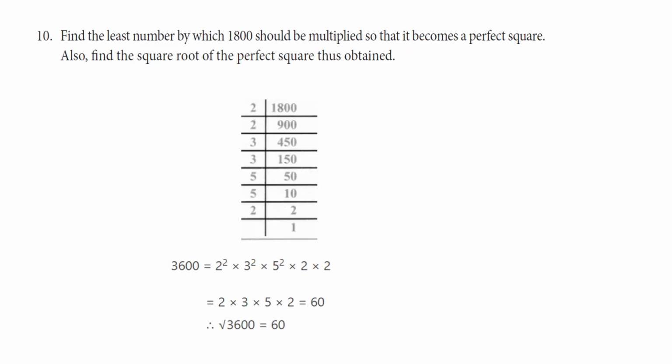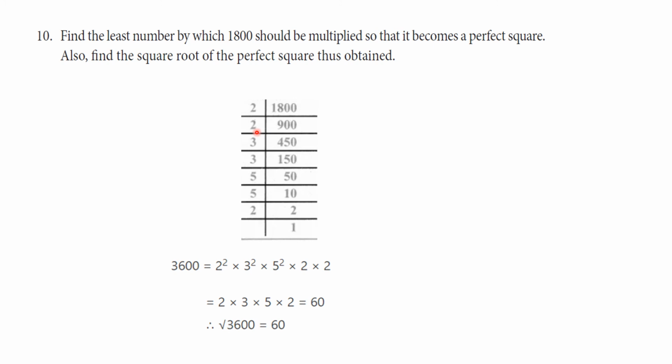Next, find the least number by which 1800 should be multiplied. If you multiply this 1800 by it, you get a perfect square. That is the question. We have to find that multiplying number. Also find the square root of the perfect square. So first, the prime factorization of 1800. 2 9s are 18, put it, then 0. 0 at the end means we have to divide by 2.